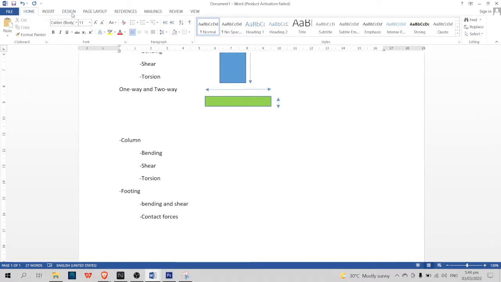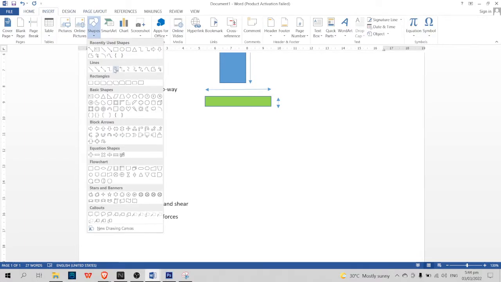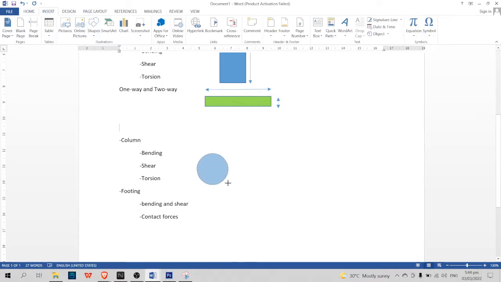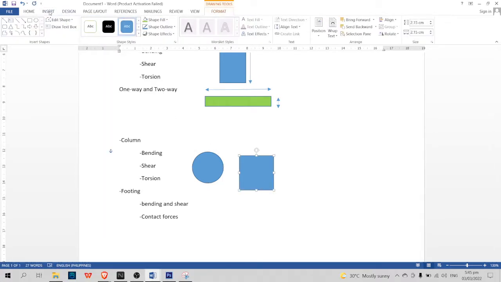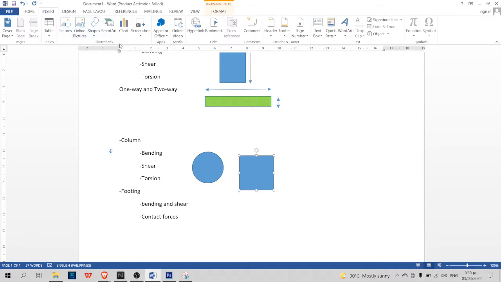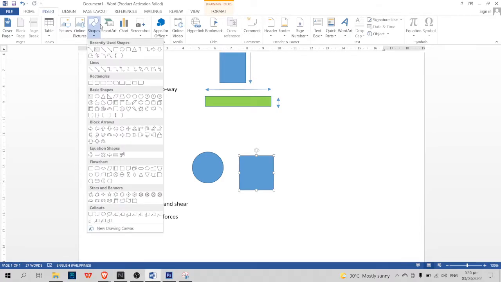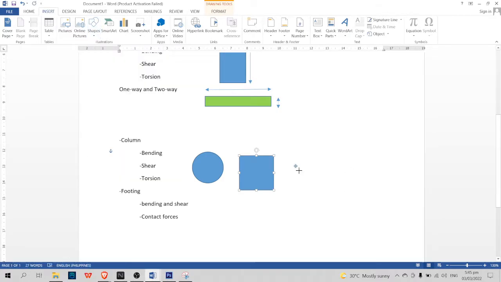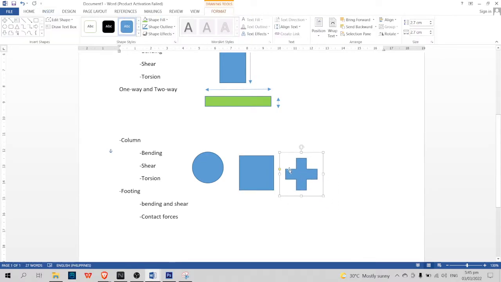Okay. Ngayon, sa column naman, usually we have two shapes to consider. Meron tayong rounded, square, and so on. But columns can be designed up to many various shapes. Pwede ring may star. Columns can be in this cruciform.